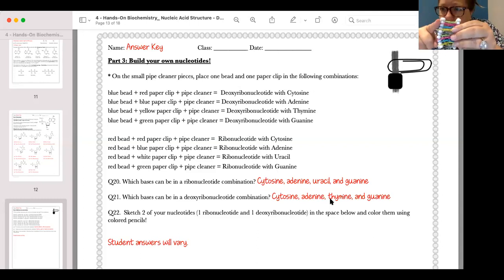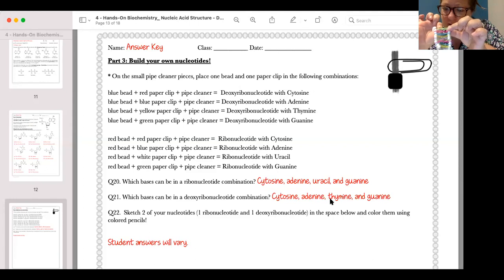And you can see that we have the pipe cleaner for the phosphate group, we have the bead for the sugar, and then we have the paper clip for the nitrogenous base. Now, if I say that the A is green and the T is pink, then I should have an A green with a pink T. And that's not what this one is.